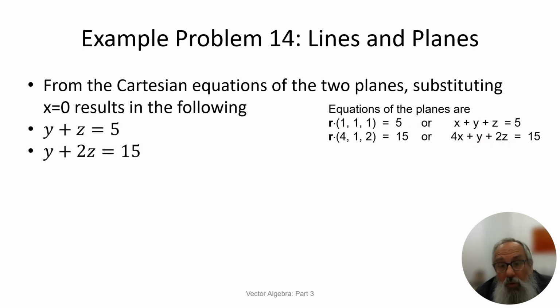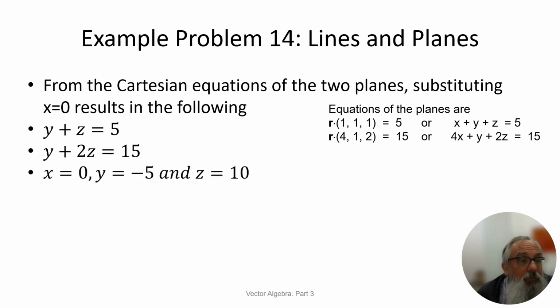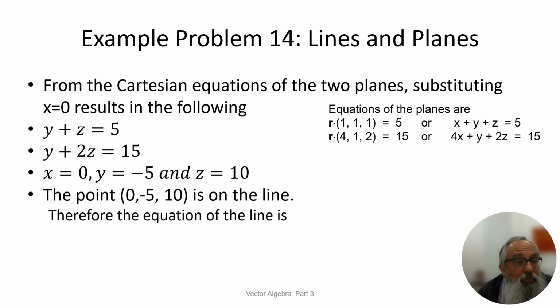We simultaneously solve those for y and z. So y equals minus 5 and z equals 10. So (0, -5, 10) is one point in the two planes and on the line of intersection.